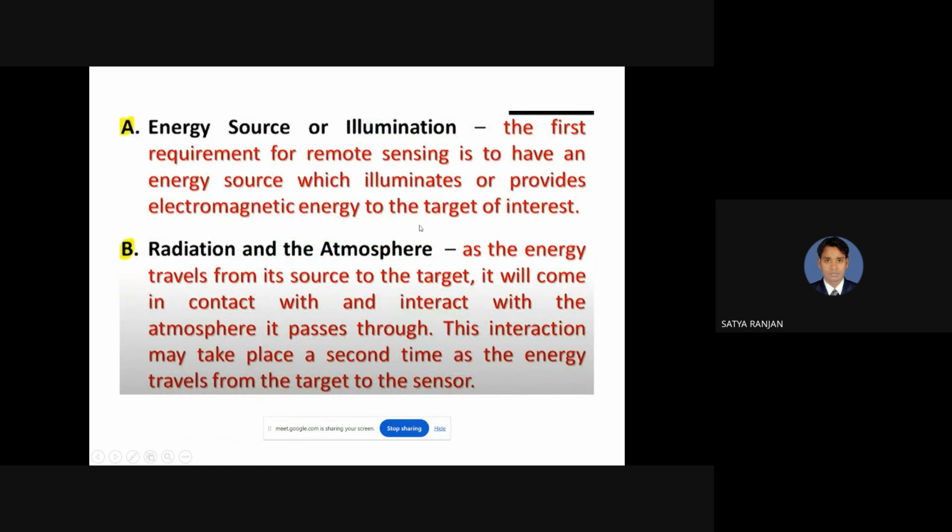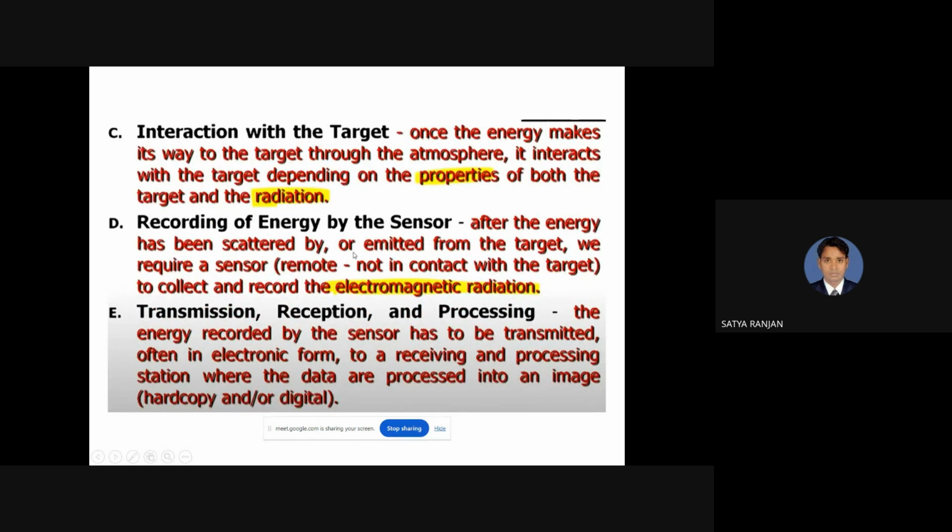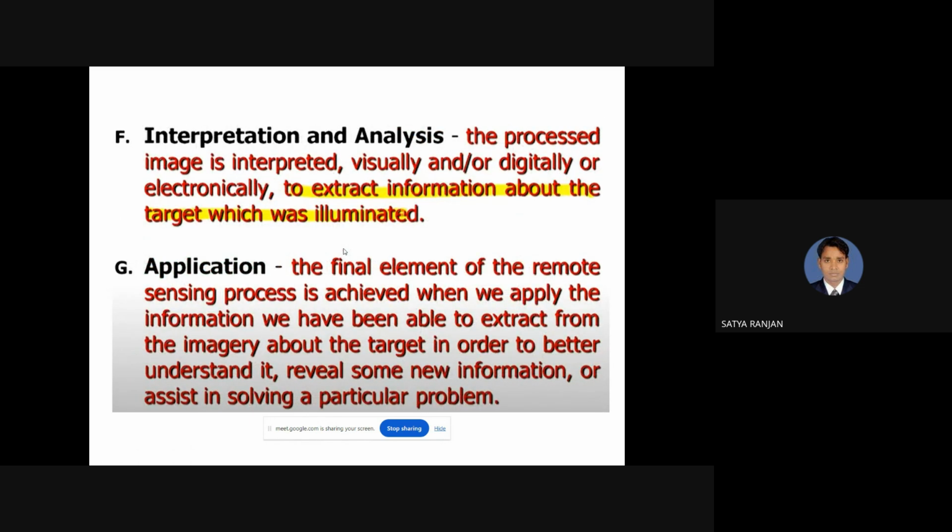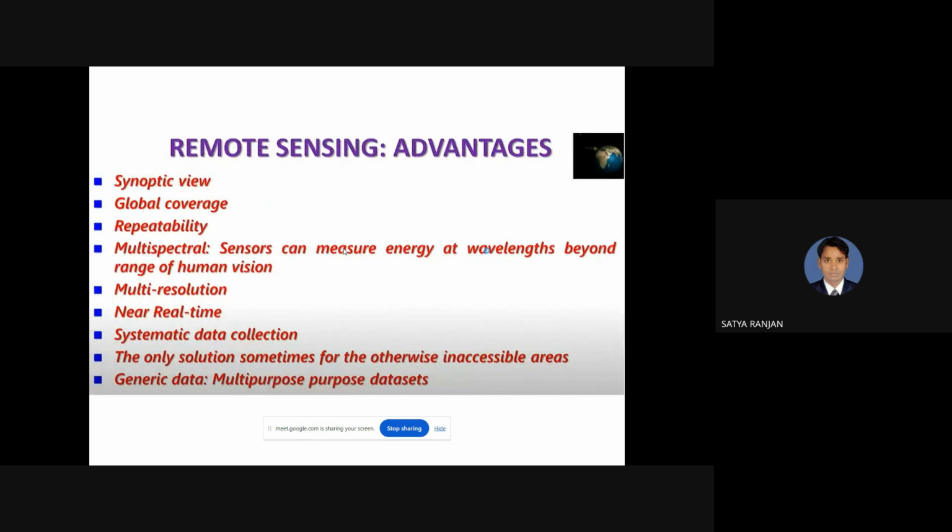These were also discussed before: energy sources and radiation of the atmosphere, interaction with targets, recording of energy, transmission, reception, and processing. Remote sensing based images go through these processes, then interpretation, analysis, and application.